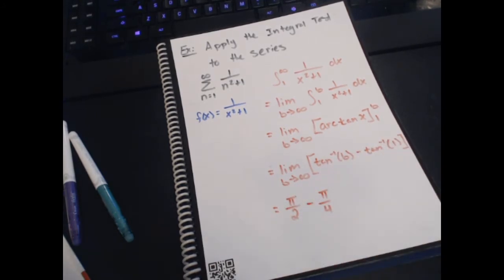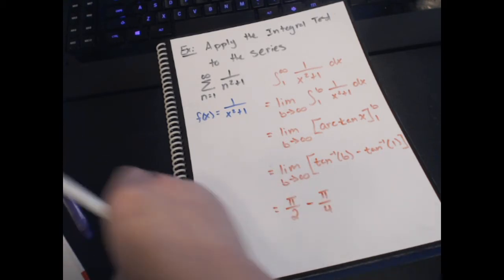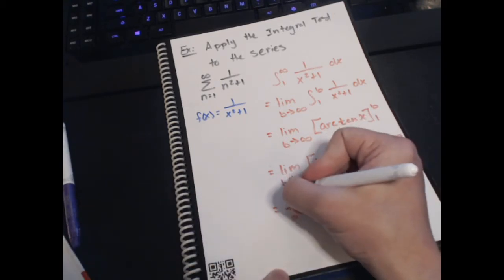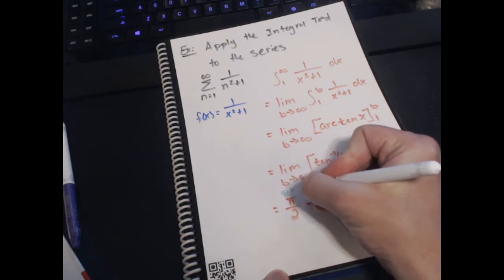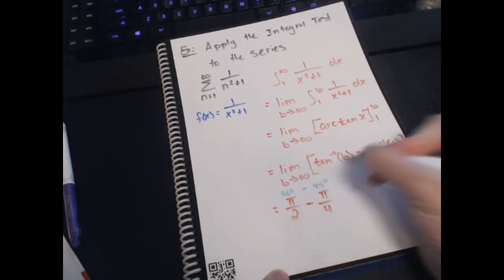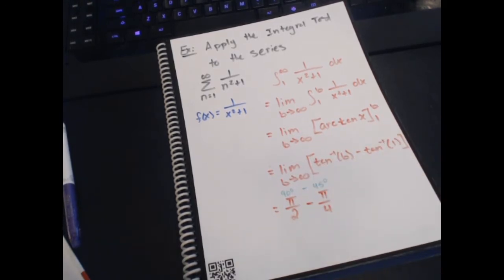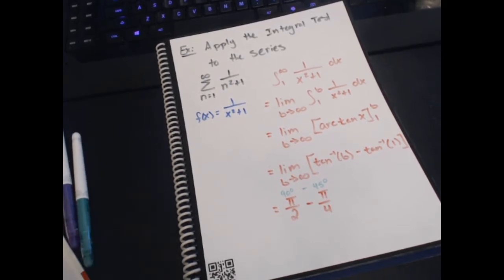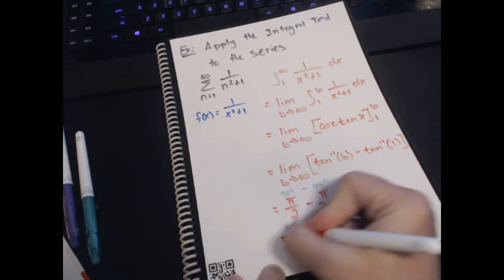Respectively, remember that this is like saying 90 degrees minus 45 degrees, if that helps. If you need that visualization from the unit circle and you want to think about degrees more than radians, that's fine. And the good news is you're doing a half minus a quarter, so you're just going to get a quarter back. So it's just pi over 4.